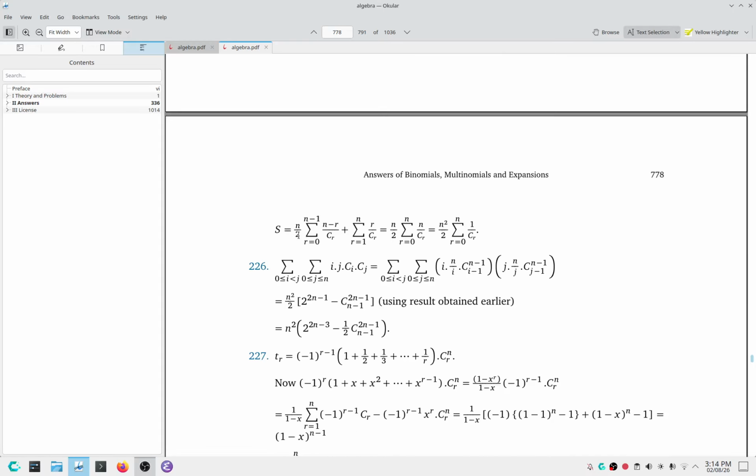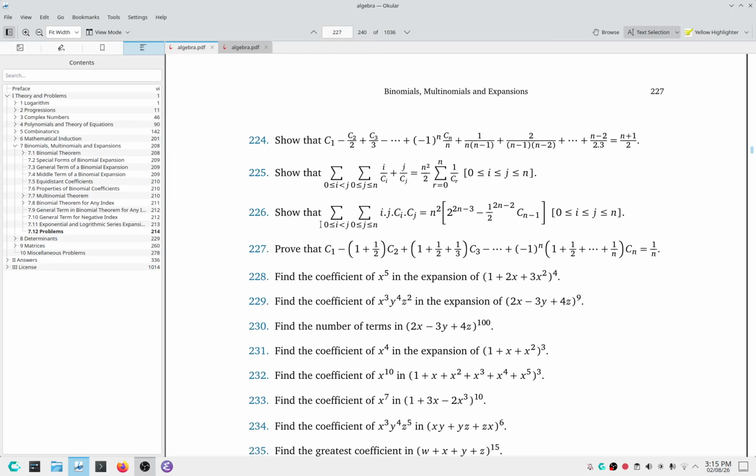Now s is equal to n upon 2 sigma r is equal to 0 to n minus 1 n minus r upon cr plus sigma r is equal to 1 r upon cr, which is equal to n upon 2 sigma n upon cr, r is equal to 0 to n, is equal to n square upon 2 sigma r is equal to 0 to n 1 upon cr.